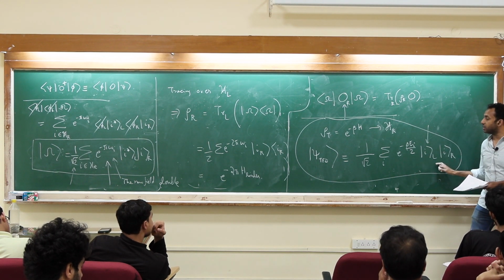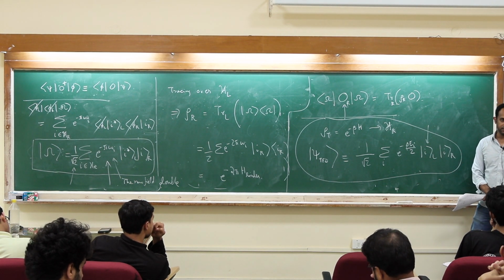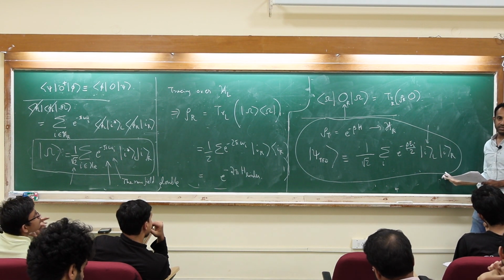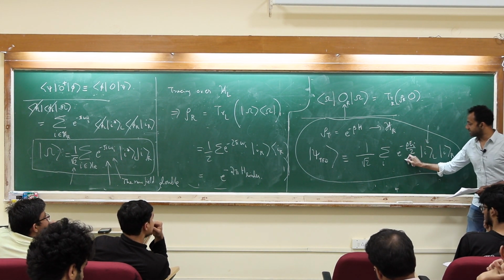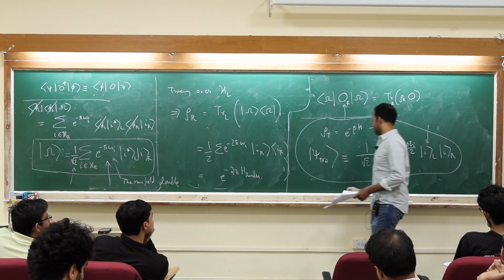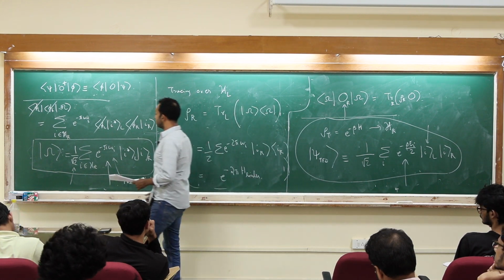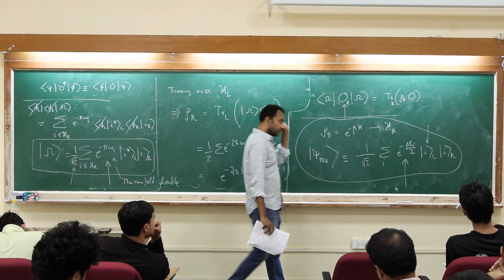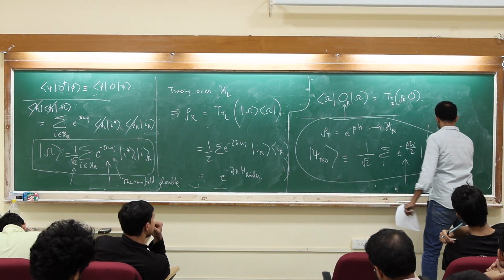This state is not a tensor product state. It's an entangled state, in the eigenbasis that I'm working with, and it's entangled in a specific way. This state is what is called the thermofield double state, and it is a natural generalization of what we saw here, using I instead of I star. Yeah, I should put an I star.